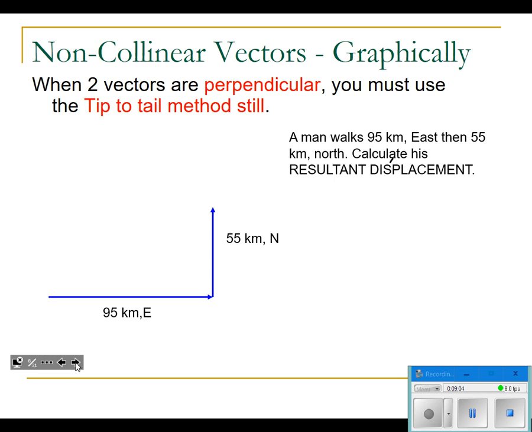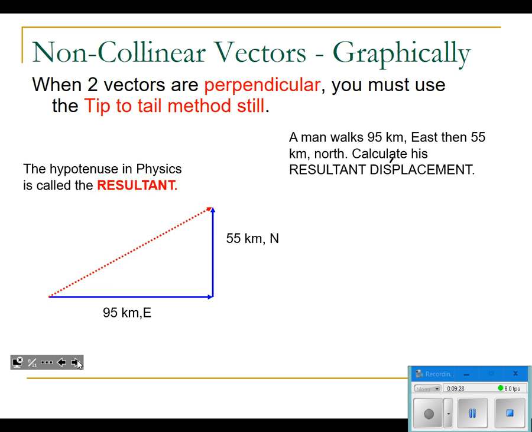Now to find the resultant, I'm going to start at my origin and finish at the tip of my last vector. So I draw a line from my original tail to my final tip. That is now known as my resultant.